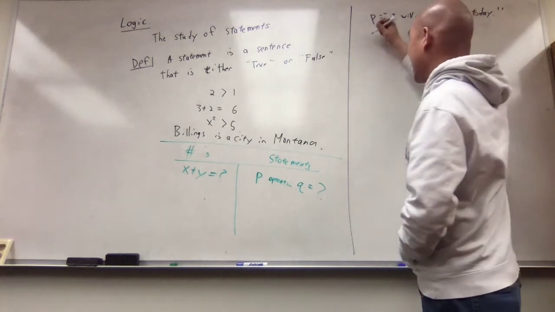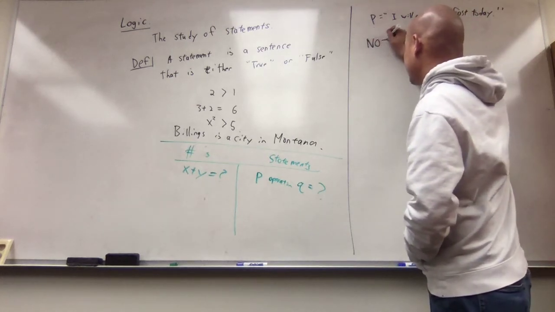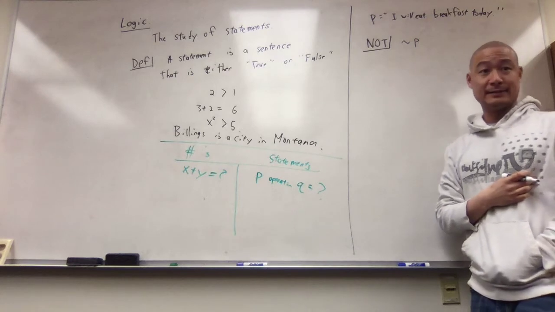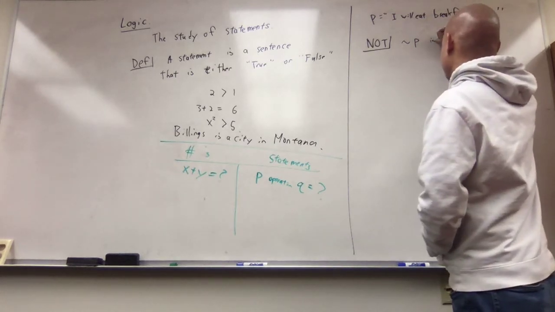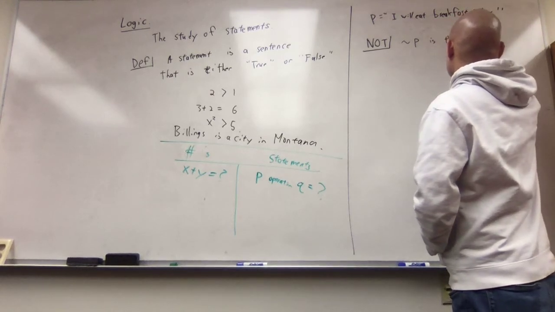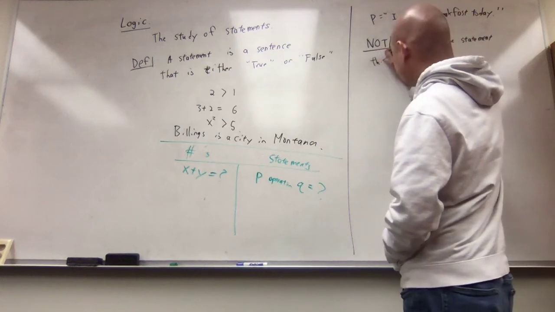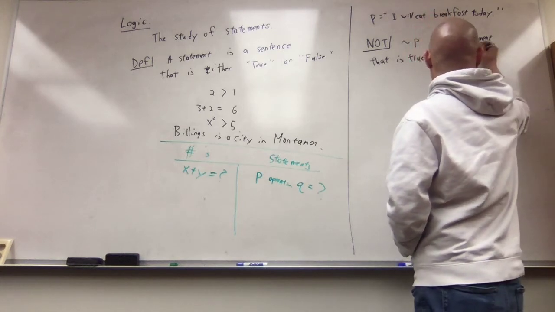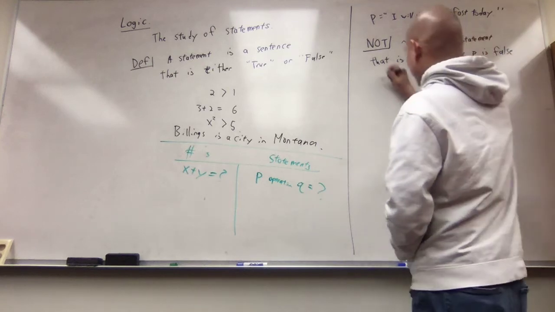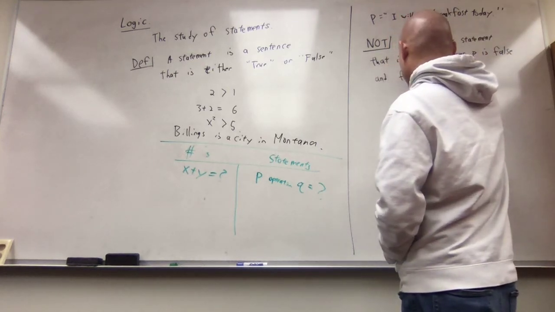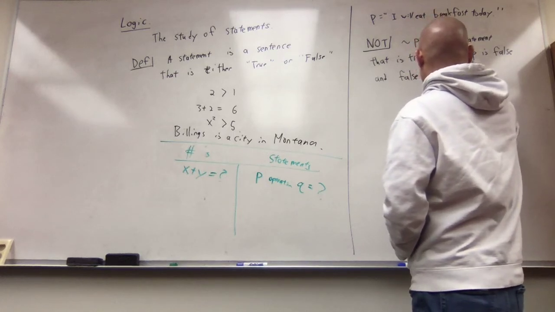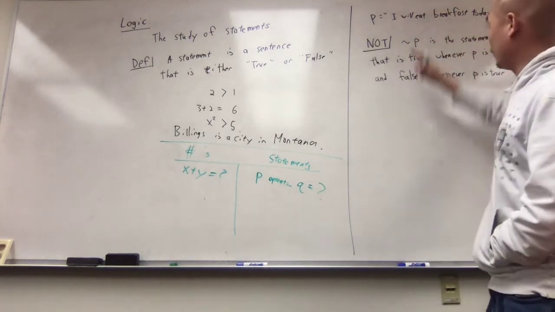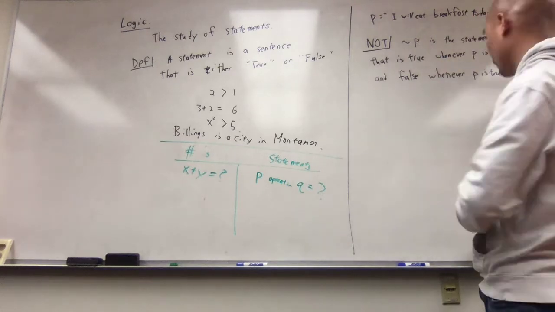The first example of an operation is the not operation, which we describe as not P. So not P is the statement that is true whenever P is false and false whenever P is true.